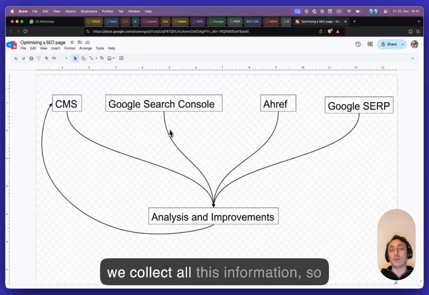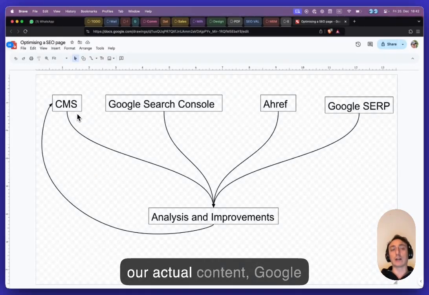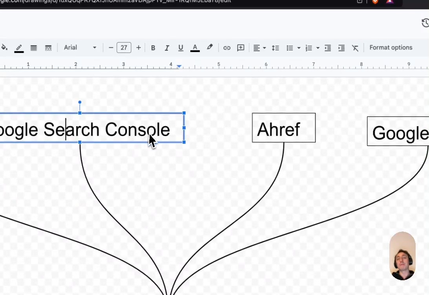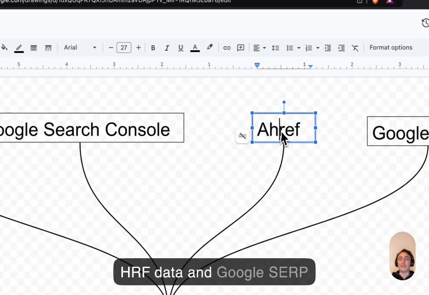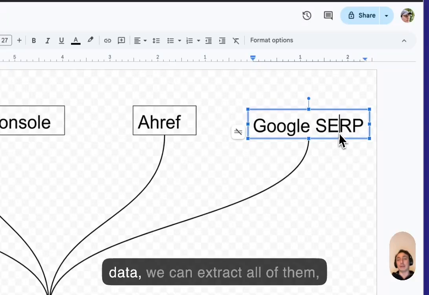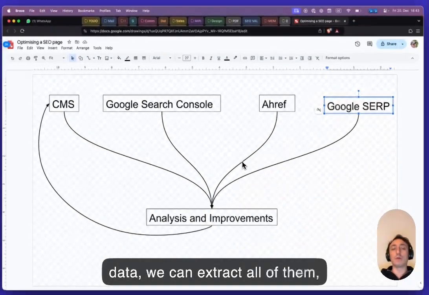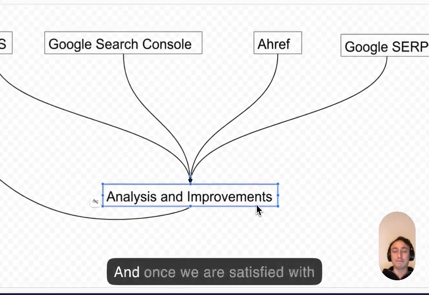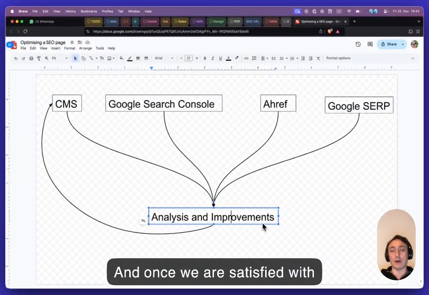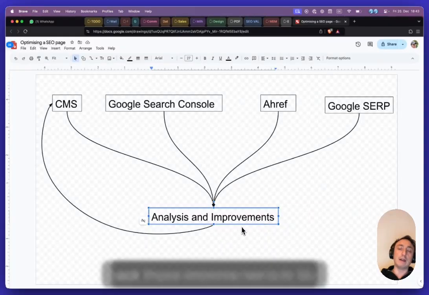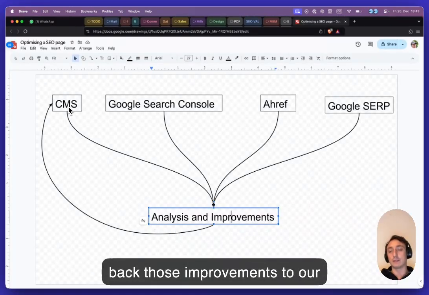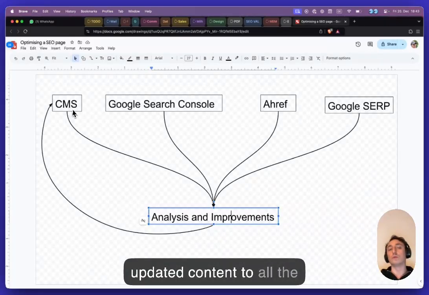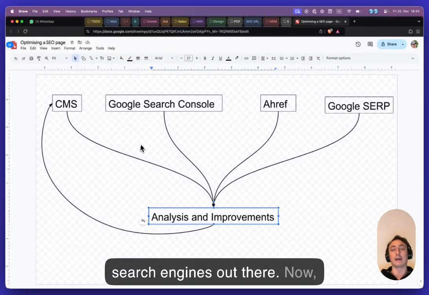Once we collect all this information, so our actual content, Google Search performance, Ahrefs data, and Google SERP data, we can extract all of them, we can analyze those data, and we can apply our improvements. And once we are satisfied with our improvements, we can feed those improvements back to our CMS in order to show the updated content to all the search engines out there.